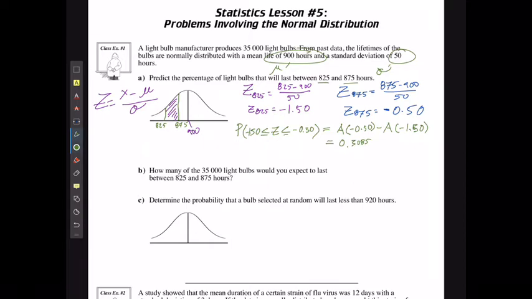What's my area at negative 1.50? That's going to be 0.0668. And the difference between those two is going to be 0.2417. If it wants us to state the percentage, I'm just going to multiply that answer by 100 and say it's going to be 24.17%.